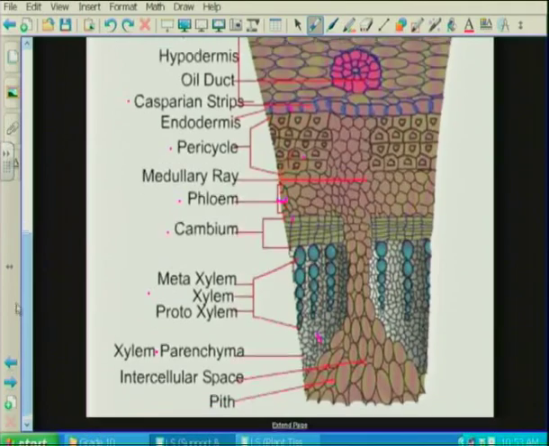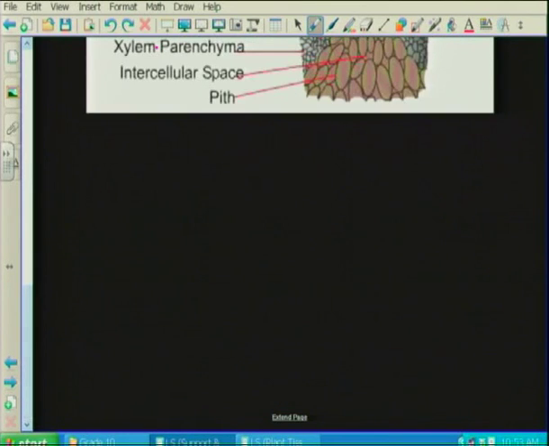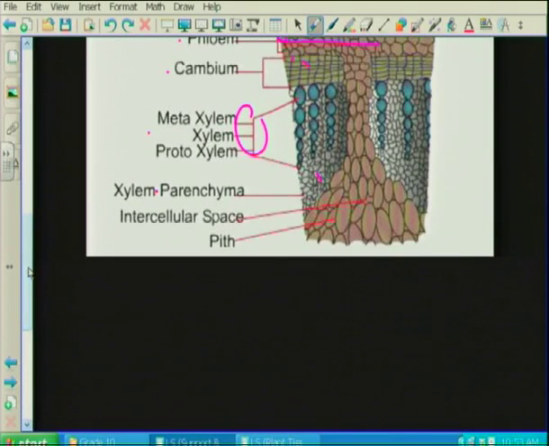So if we again go back to that, you have your pericycle, and then you have your phloem. Your phloem is there, and then you have your cambium, and then you have your xylem. Now, if I can explain to you, this is a cross-section of a young plant. Remember where I drew you the diagram of how the stem would look in the cross-section, if I can do it again here.